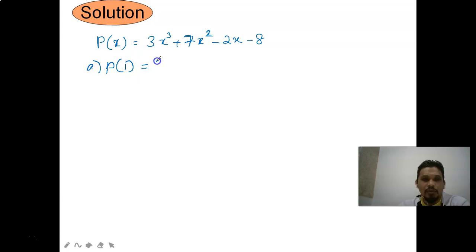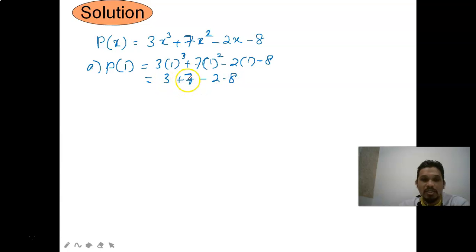P(1) equals 3 times 1 cubed plus 7 times 1 squared minus 2 times 1 minus 8. So 1 cubed times 3 equals 3, plus 1 squared times 7 equals 7, minus 2, minus 8.